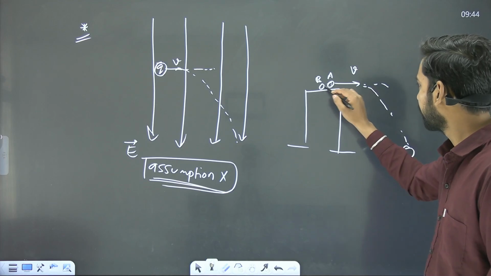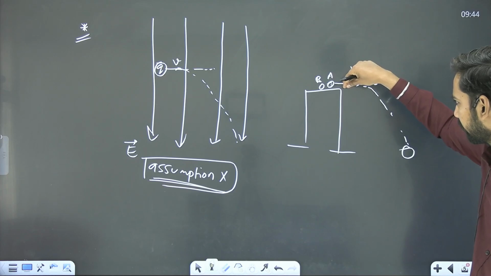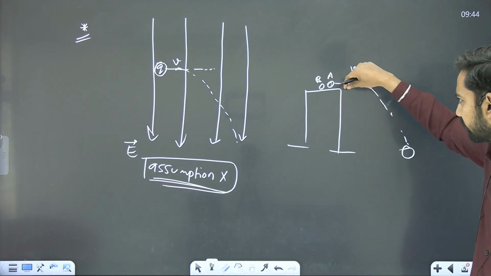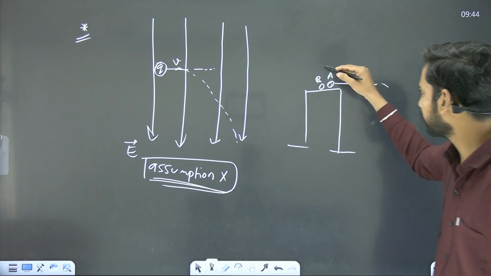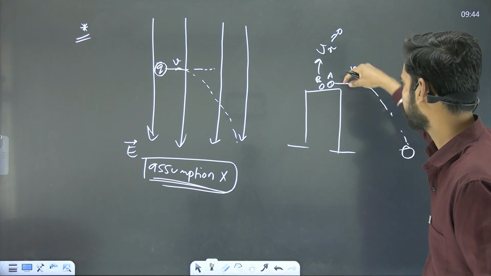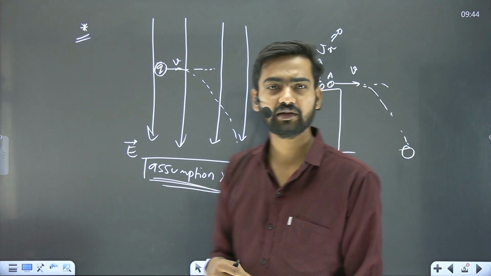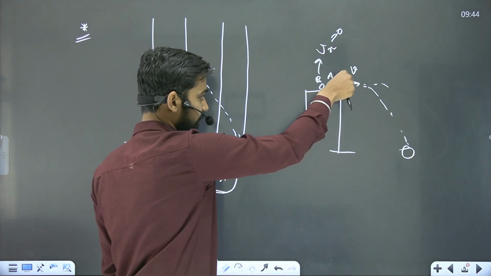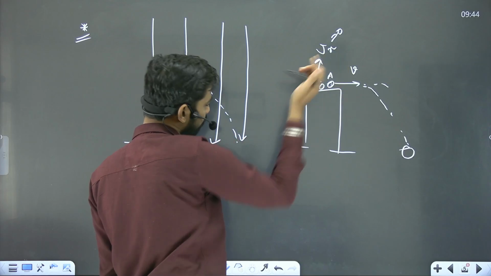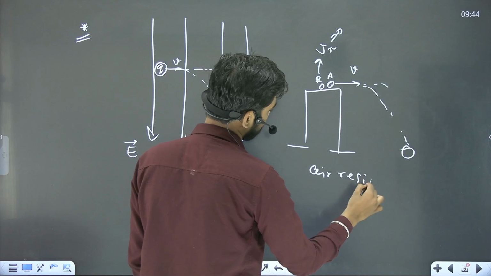And at the same time, I have put ball B at the top of the building and released it. The horizontal velocity, the velocity in x direction, is how much? 0, because I have not given it any. I have put it into a free fall. There is no air resistance considered.